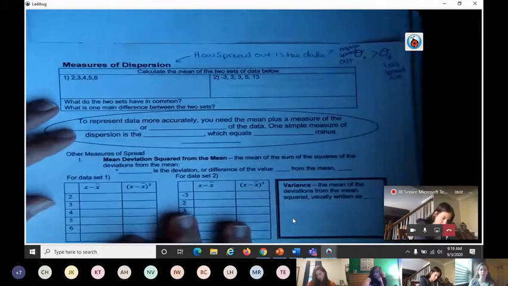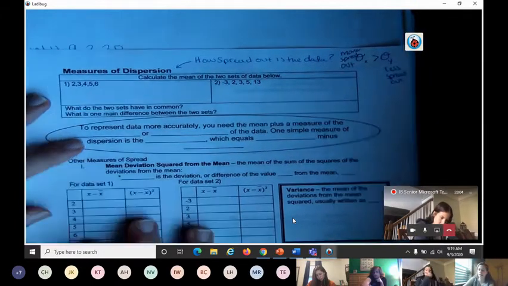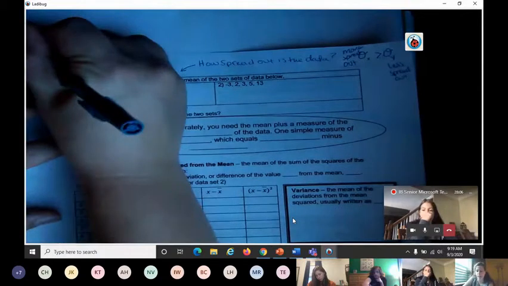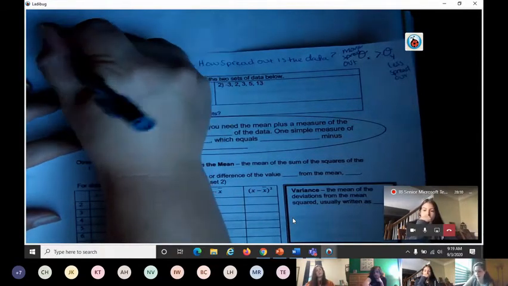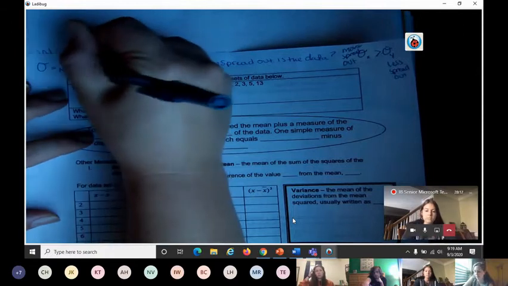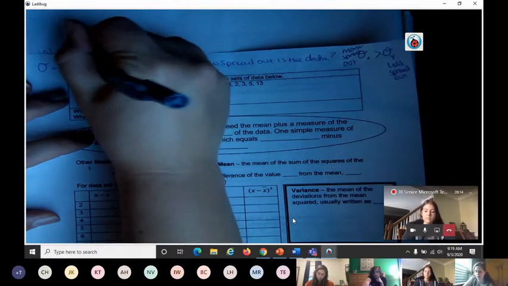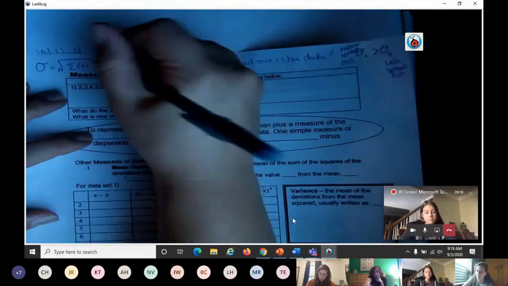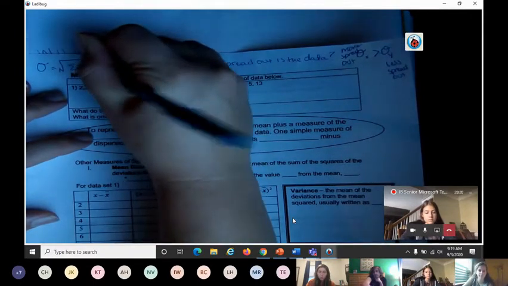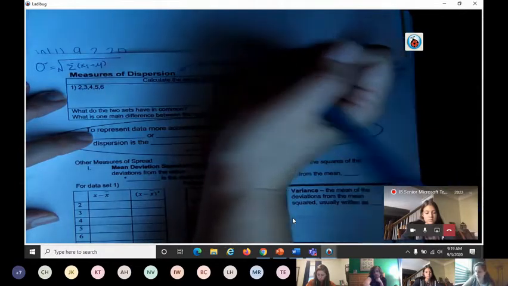So the formula for this, the variance, is going to be the square root of the sum of the differences of each individual value. So we have each individual value, x sub i, minus the mean, mu, squared.